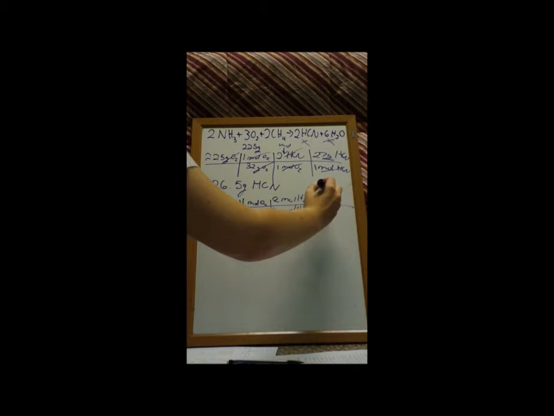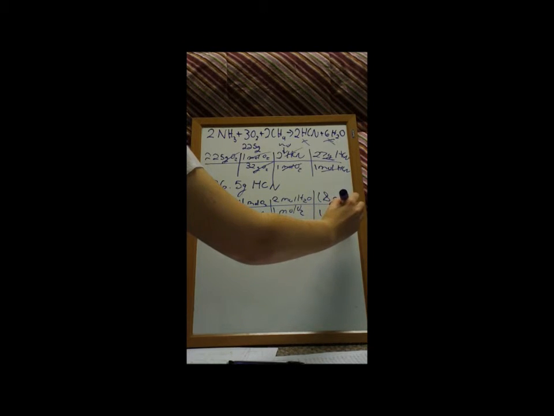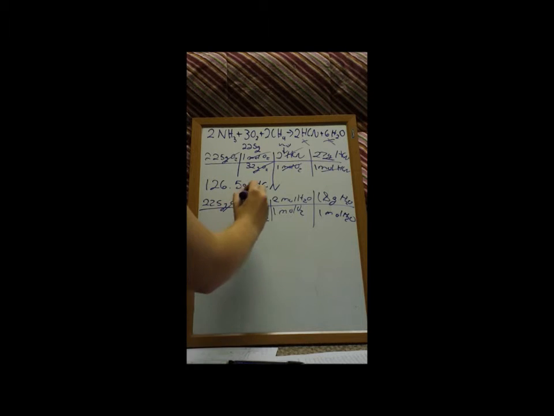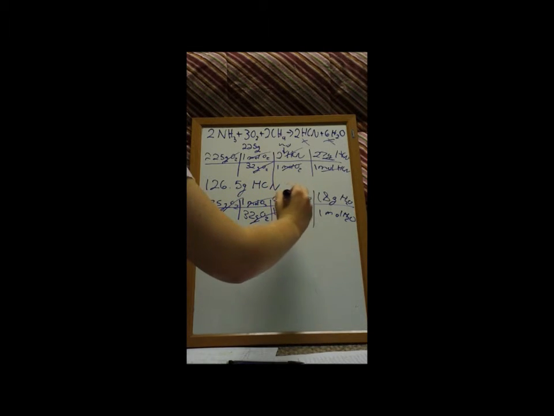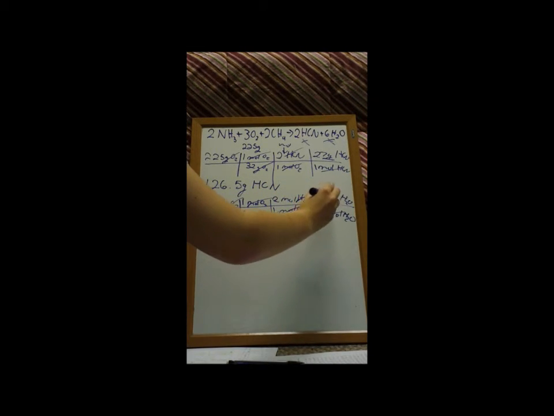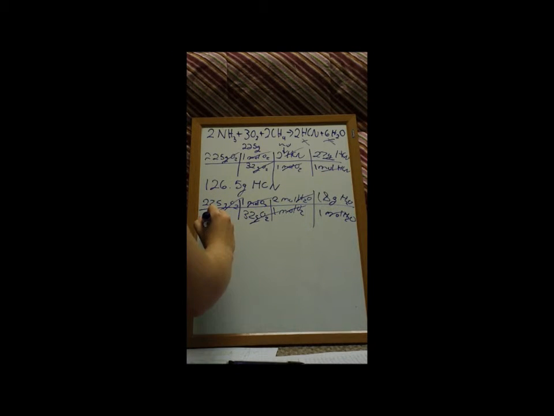We're only going to keep it by 1, so just the formula mass regularly of H2O, which is 18 grams H2O over 1 mole H2O. Then we're going to cross out all the like units, and so we're just left with grams H2O, and your final answer is 2,531 grams H2O.